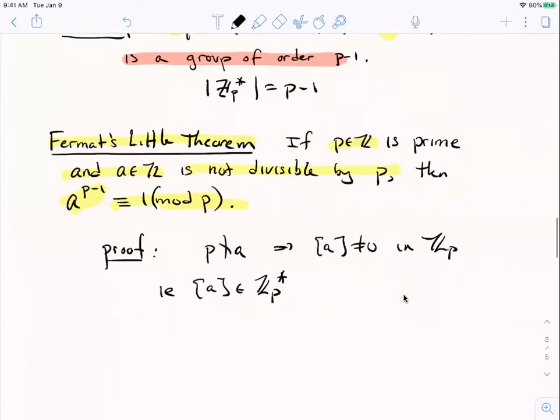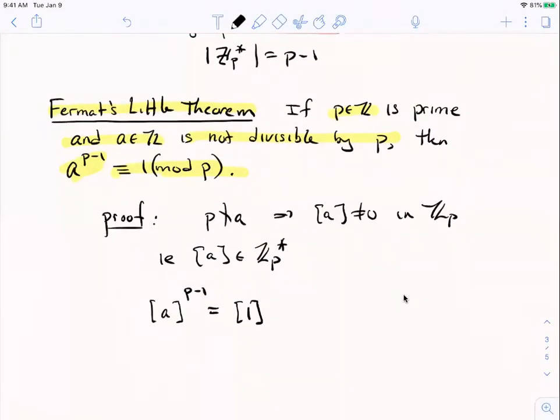And you guys remember that if you take an element of a group and you raise it to the order of that group, you have to get the identity in that group. That was from an old result when we were looking at Lagrange's theorem. So this precisely means that the p minus first power of a is 1, and that is just the abstract algebra way of writing that a to the p minus 1 is congruent to 1 mod p.